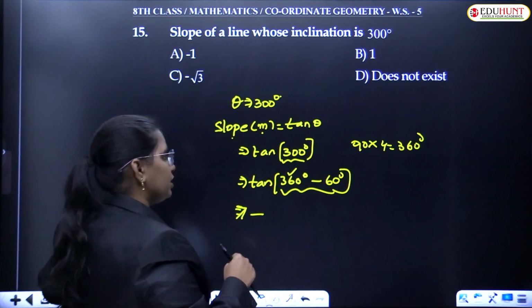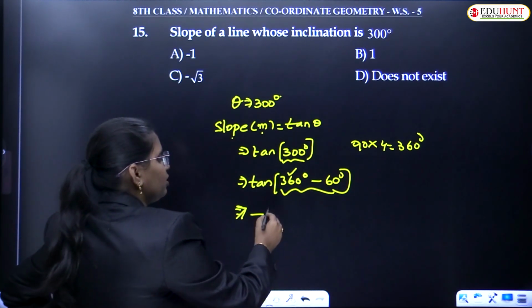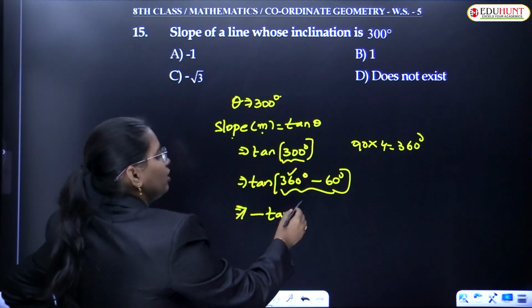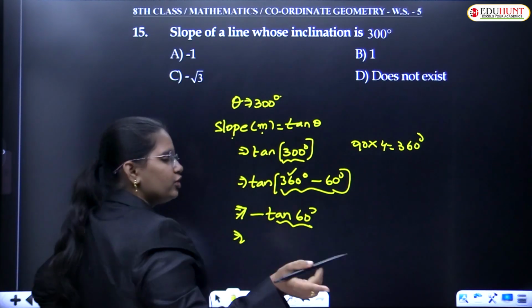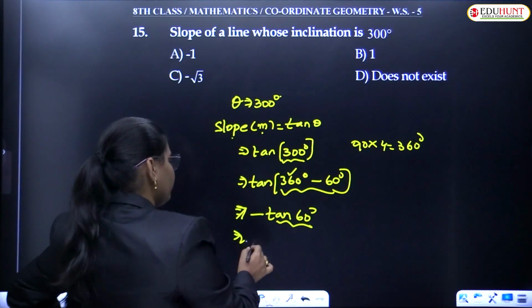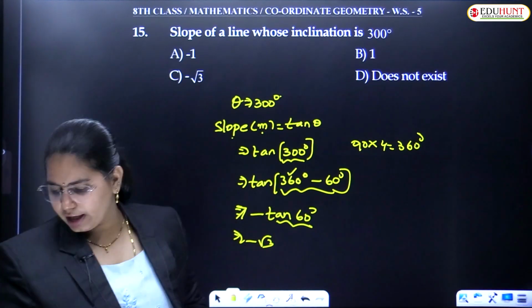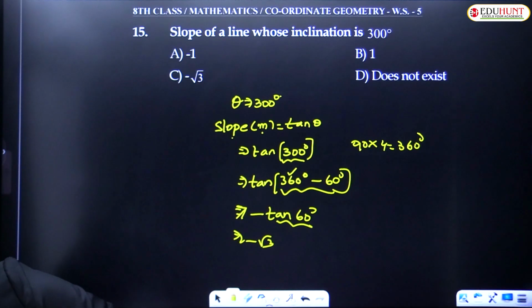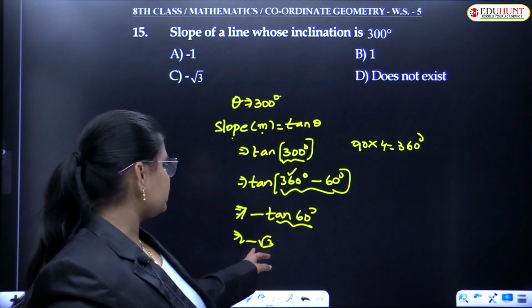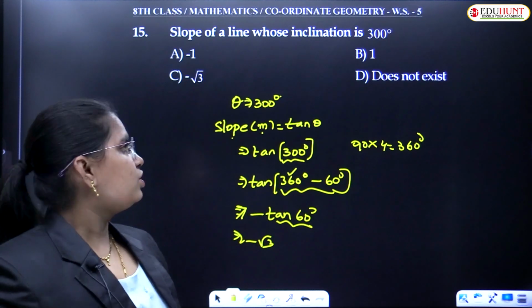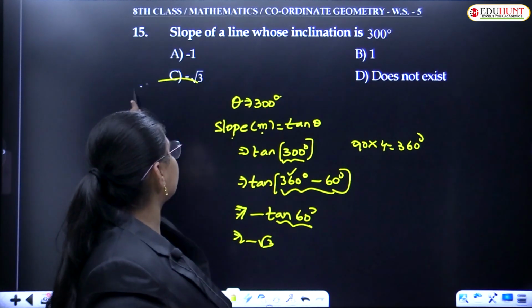So what will it become? Tan becomes tan only, and the angle is 60 degrees. What is tan 60? Which is root 3, and you have minus here, which is minus root 3. So I am clear with this. Minus tan 60 is equal to minus root 3. So with this, the answer is option C.